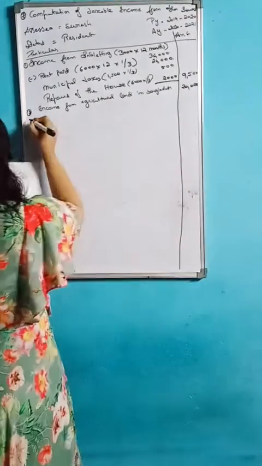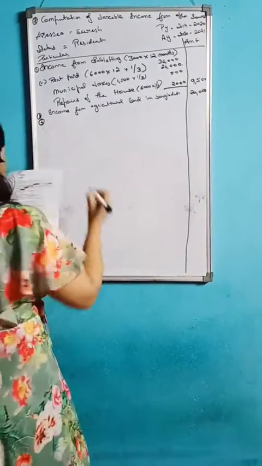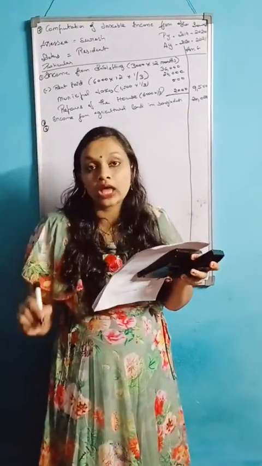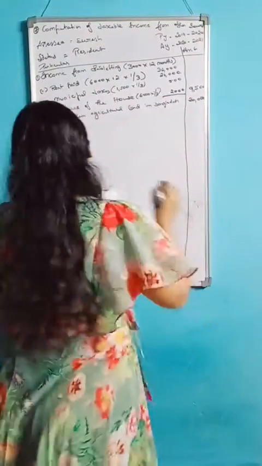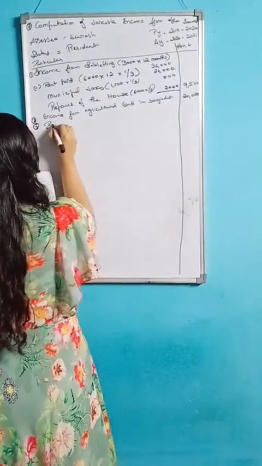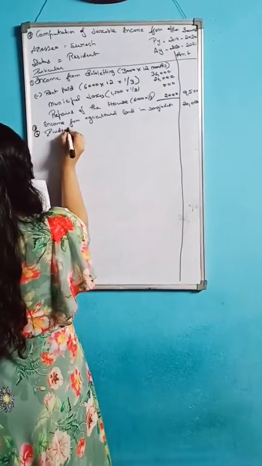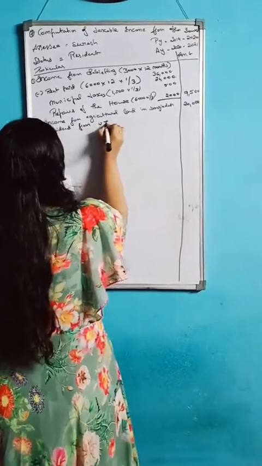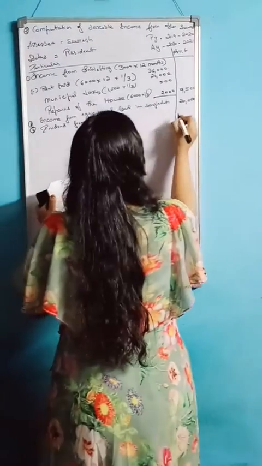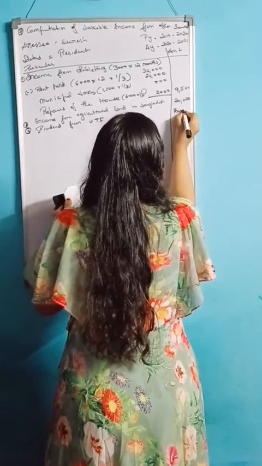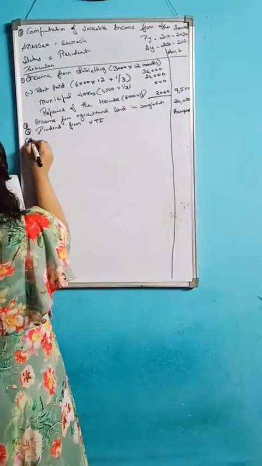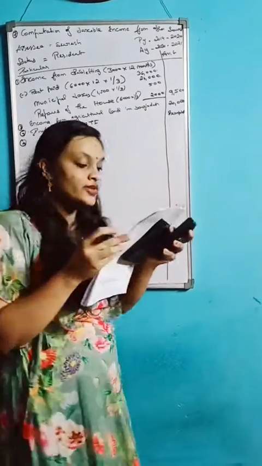Okay. The third one is dividend from UTI, rupees 4,000. It's exempted.